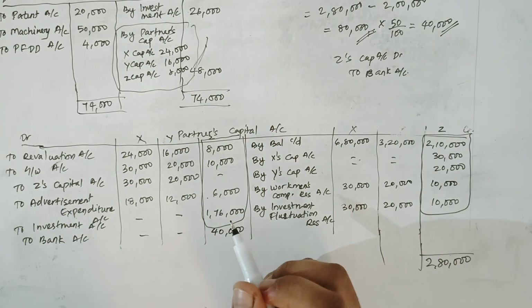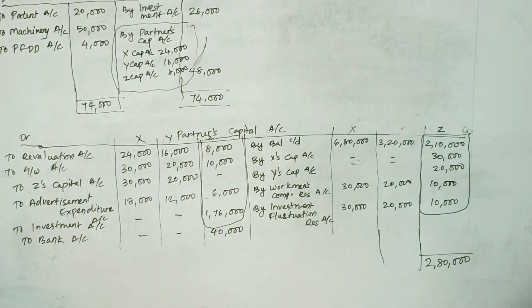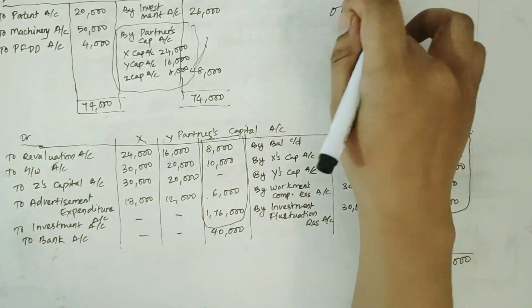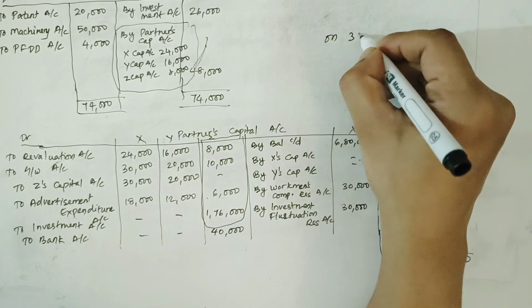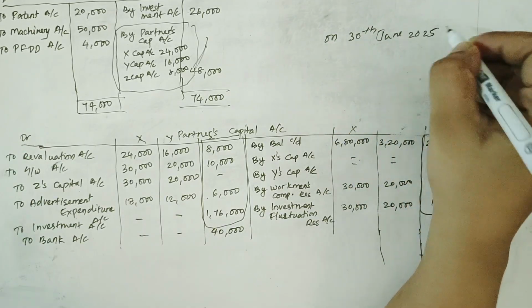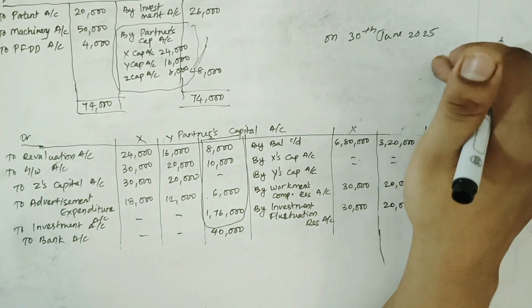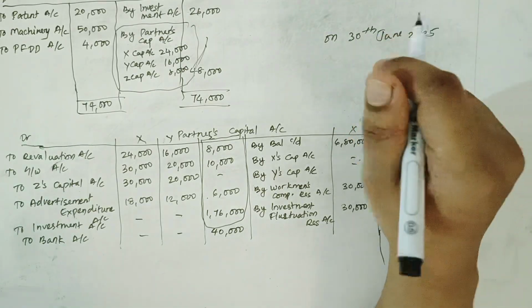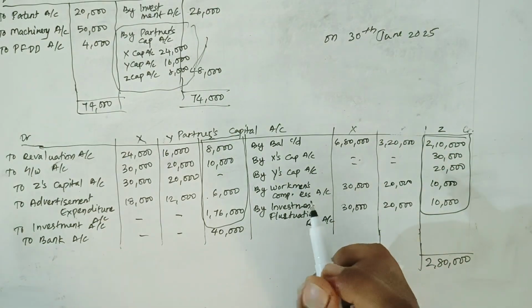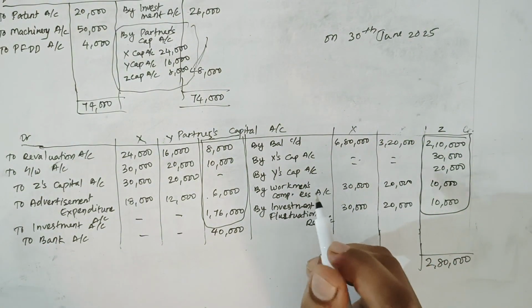Next, 50% of the balance by check on 30th June 2025. The balance is being paid on 30th June 2025, and they are issuing a check. So the journal entry will be Z's capital account debit to bank account.